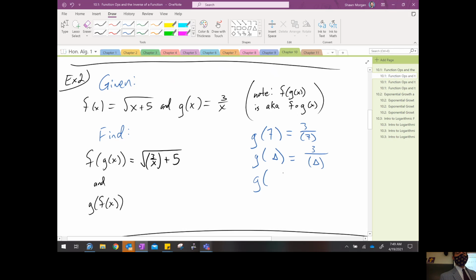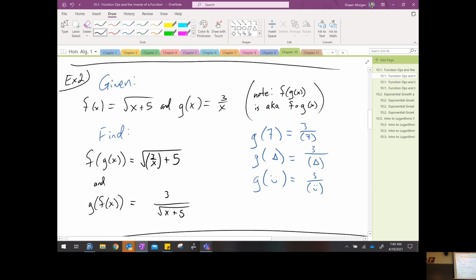G of Coach Morgan would be what? 3 over Coach Morgan. All right. G of f is what? 3 over f. And do we know what f is? So 3 over square root of x plus 5. That's a function inside of another function.